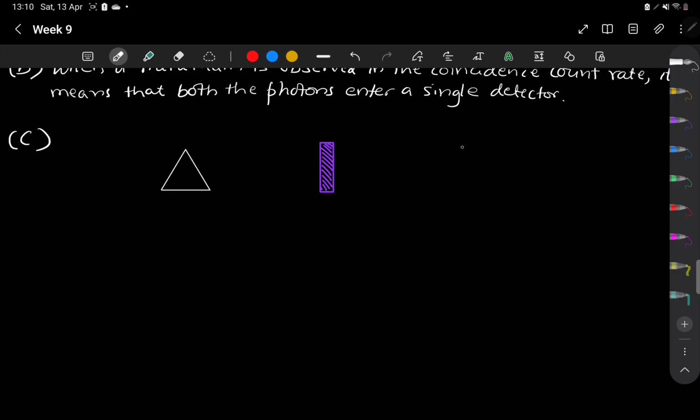So this is a prism. This is also a prism.